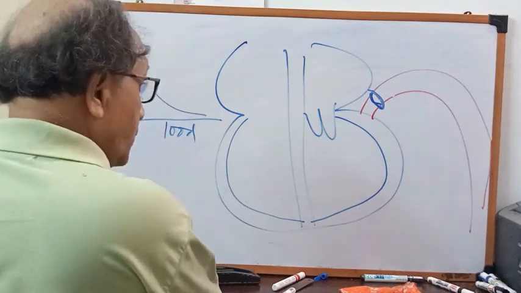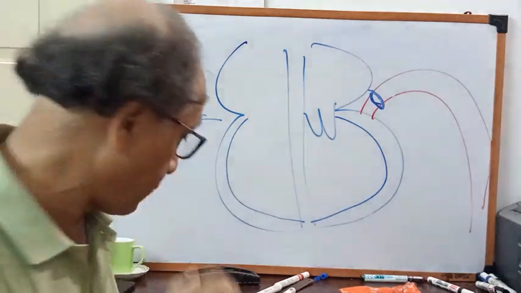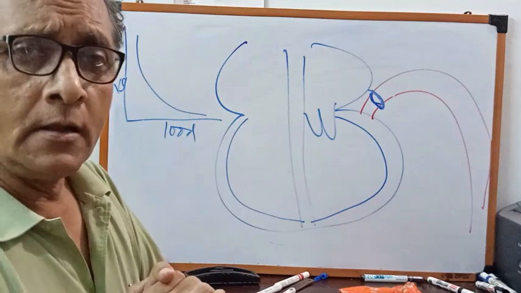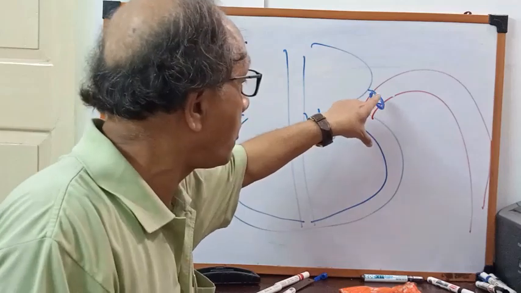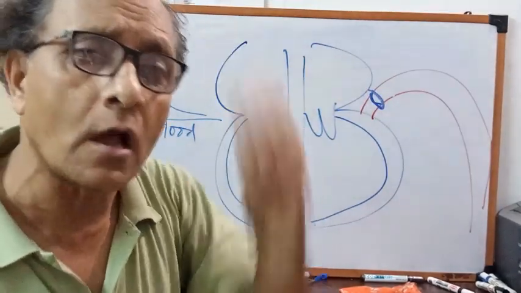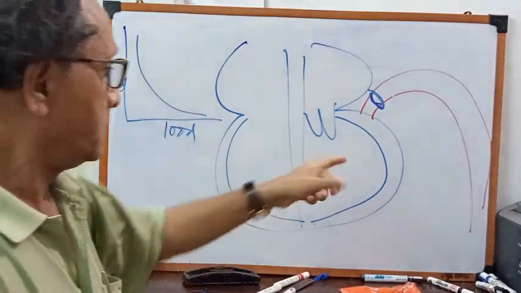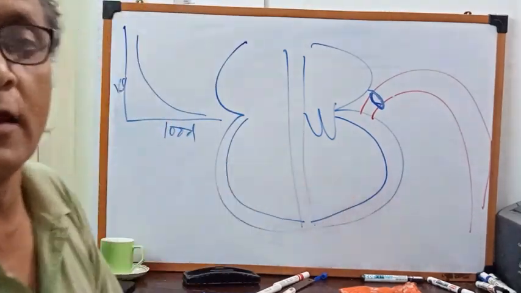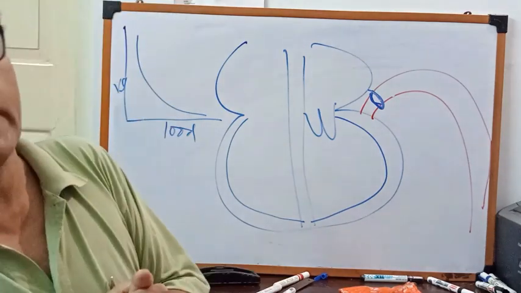Now if you understand this, then I need to add another point. It was seen that the afterload which is just sufficient to prevent ventricular ejection, that pressure of the ventricle, is known as the peak isometric pressure of the ventricle.